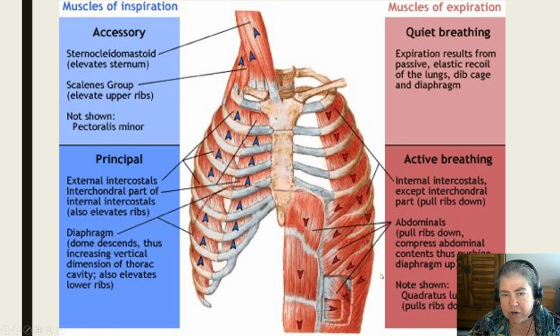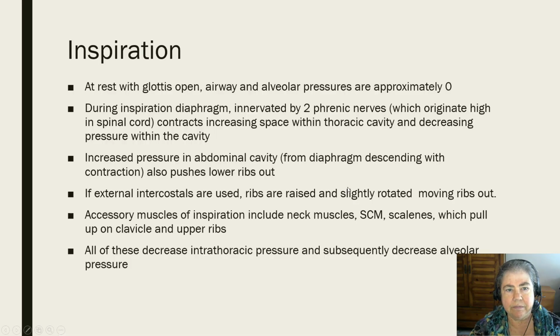Diaphragm relaxation, elastic recoil of the lung tissue and of the rib cage cause expiration, with assistance when necessary from these muscles that pull down on the ribs and compress the abdominal contents, pushing up on the diaphragm. And all of that increases intrathoracic pressure and pushes air out.